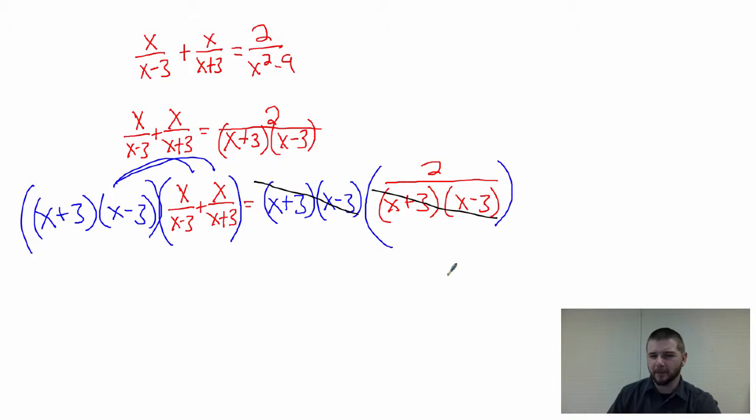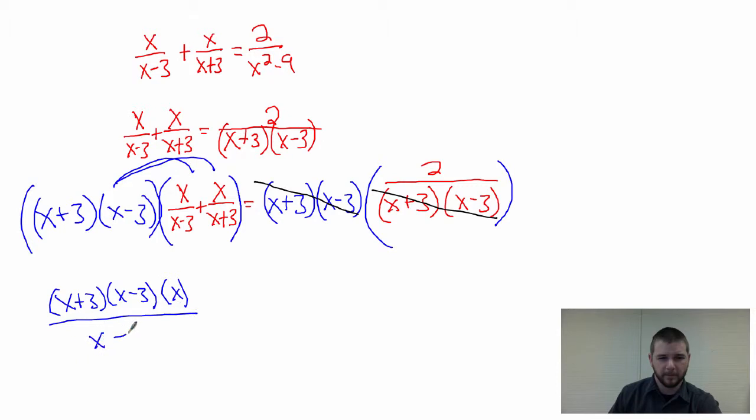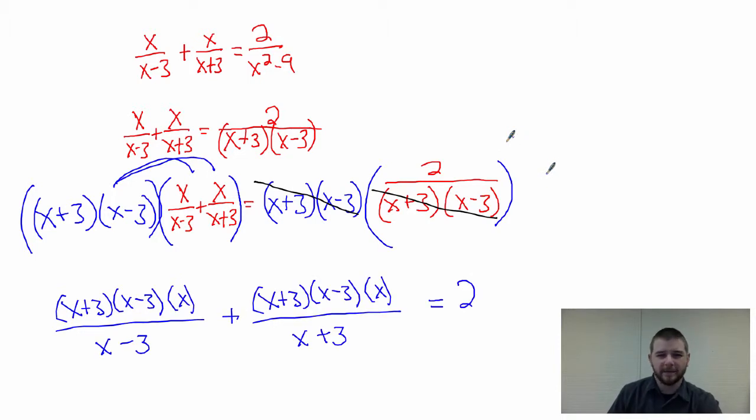So on the right-hand side, we'll have 2 remaining. On the left, we'll have x plus 3 times x minus 3 times x over x minus 3, plus x plus 3 times x minus 3 times x over x plus 3. And on the right-hand side, we still have 2.